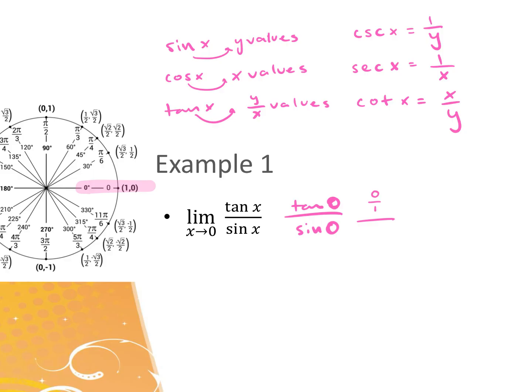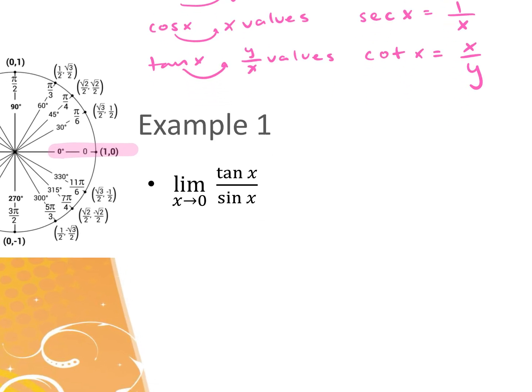Sine of 0 would be the y value, so that would be 0. But what happens when I have 0 in my denominator? It's undefined. So we can't just plug in 0 right away. We have to do some simplifying first, because when we plug in 0, it gives us undefined.